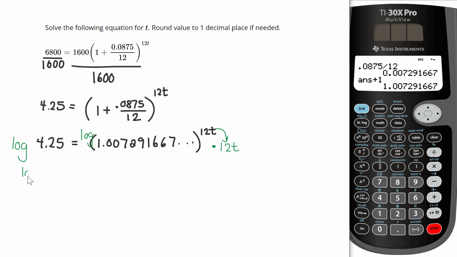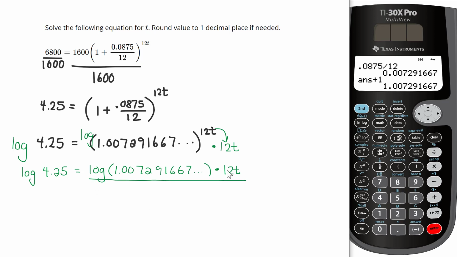So I've got log of 4.25 is equal to log of this really ugly decimal, but that's multiplied by 12t.